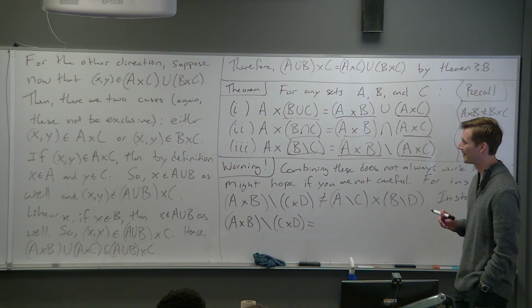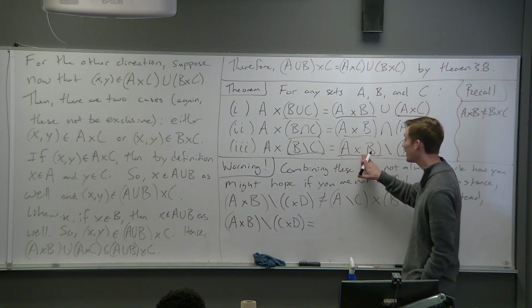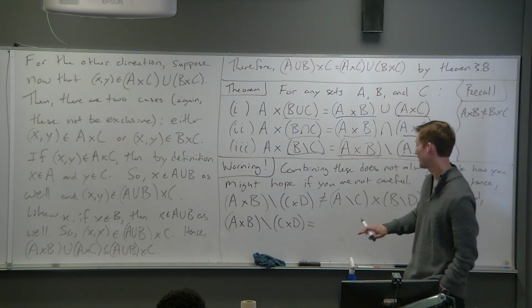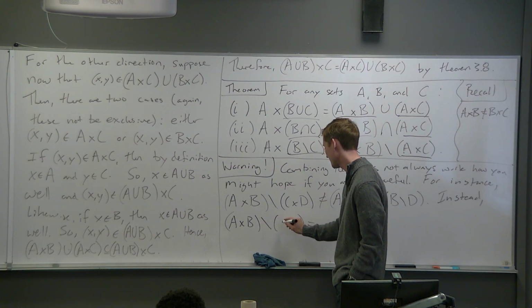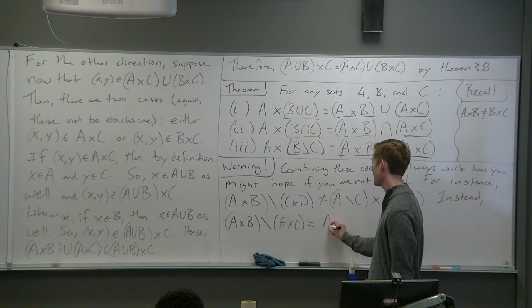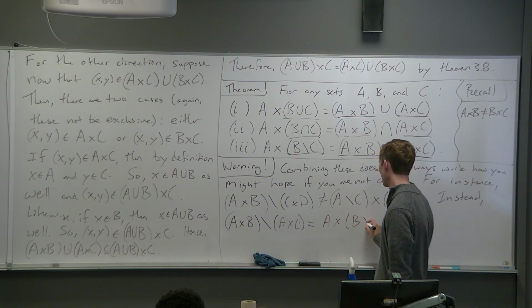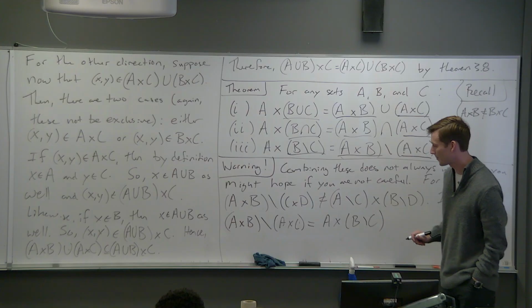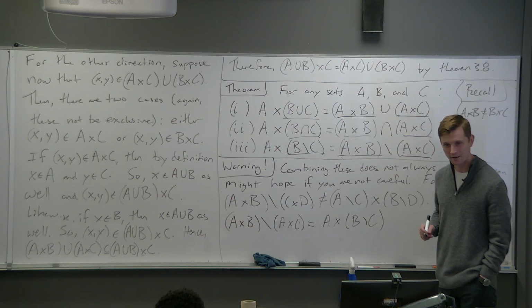We keep our B not D. Are we able to keep the B not D, but somehow combine the A and the C? Ah, I see what you're saying. This is a good one to think on. So if we had this statement right here, well, this is then equal to A cross B set minus C. And so what are you thinking?